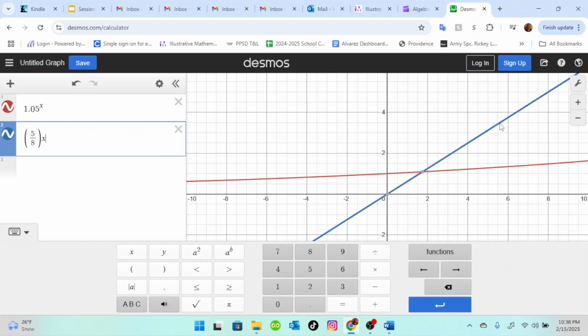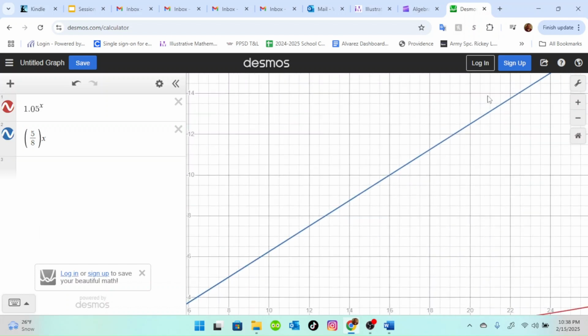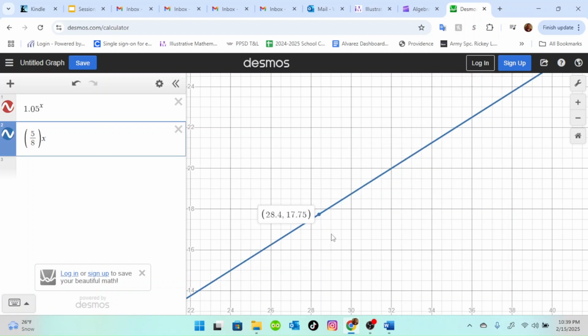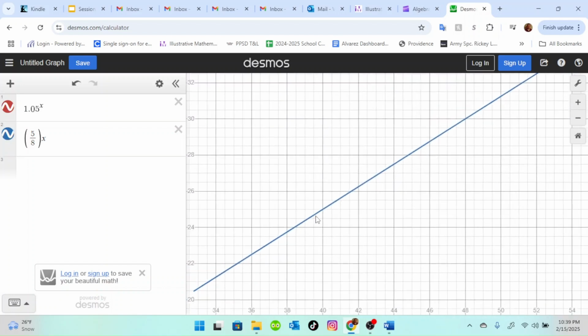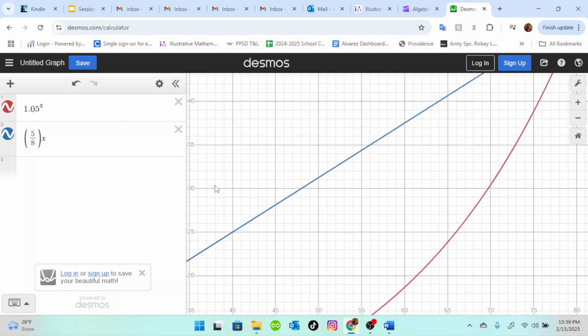And this blue line represents that one. So what we're looking for is to see which one reaches a y value of 30 first. So we're just going to keep dragging these, zoom out a little bit, and we can see right here, when y equals 30, the first line to hit it is the blue line.